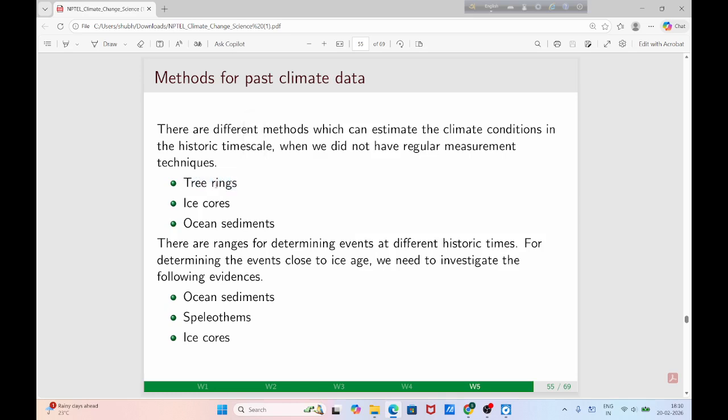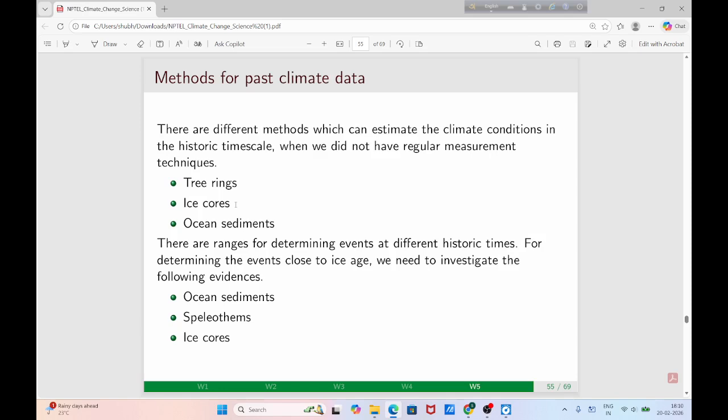Another evidence is from ice cores. Now, the case of ice core is that ice cores are generally layered. So there are different layers in the ice cores. The topmost layer, which is at the surface, let's say, will have the freshest ice, just the recent snowfall or recent ice deposition.